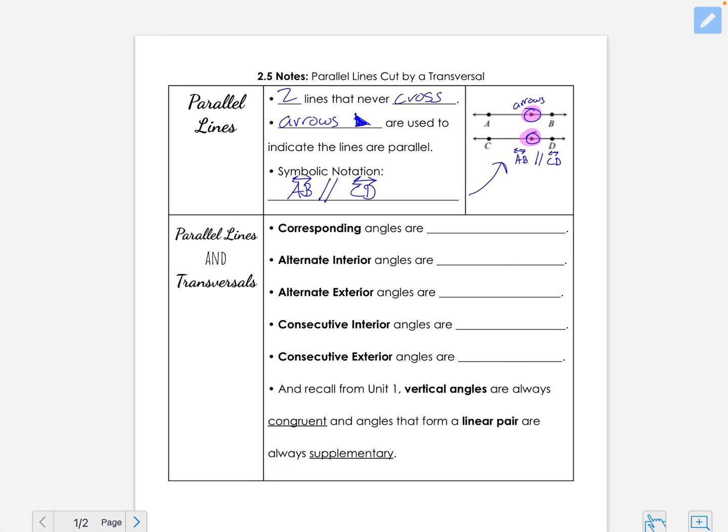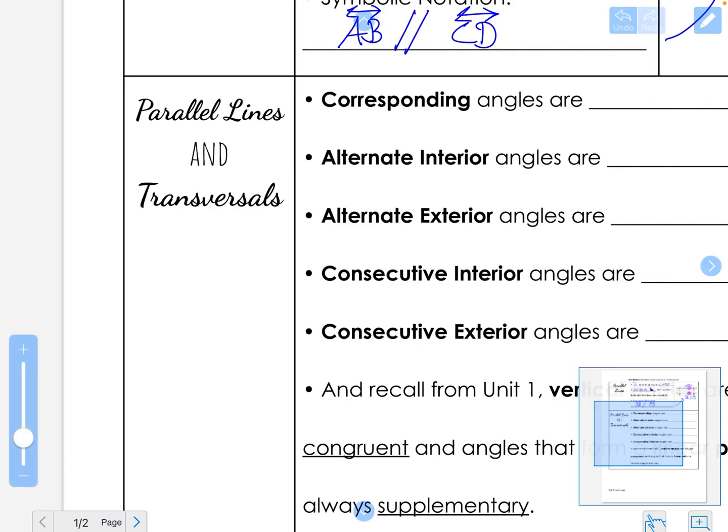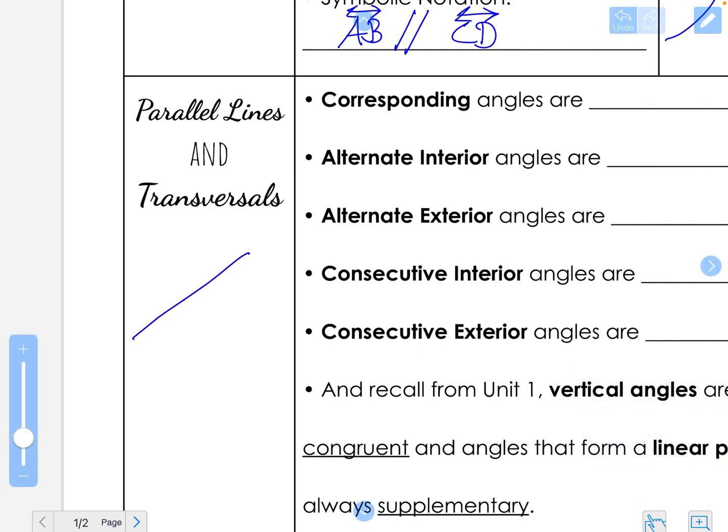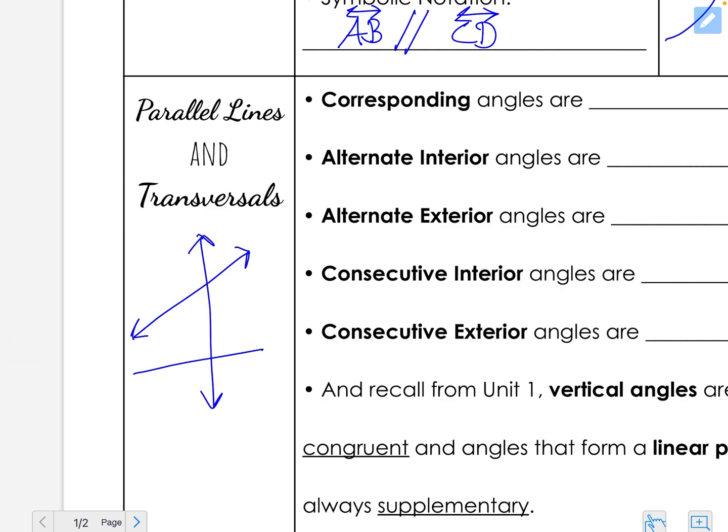So last set of notes, we looked at transversals of non-parallel lines. And so when we have non-parallel lines, all we can talk about are the angle relationships. But everything changes when we know we have those parallel lines.